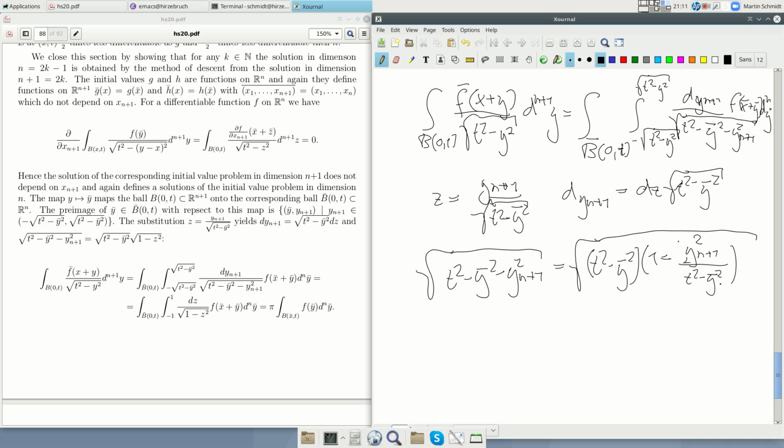And this is just square root of t square minus y bar square times square root of 1 minus z square.